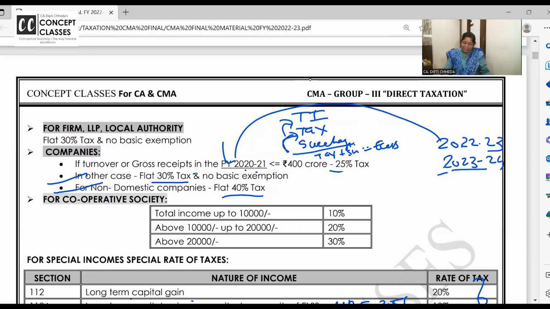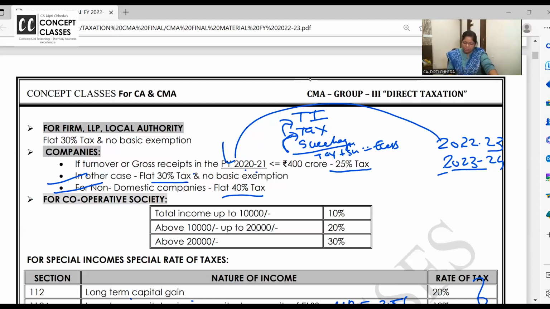And this problem comes many times in exams. Students are asked a simple math problem and they have to compare whether the company should pay normal tax or MAT. For MAT, we do all the adjustment calculation and tax there is 15%, and for IFSC it is 9%. But in normal tax, by mistake they take 30%. Clearly they have given that the turnover of 2020-21 is 310 crores.